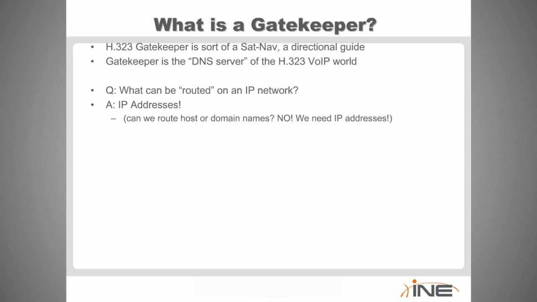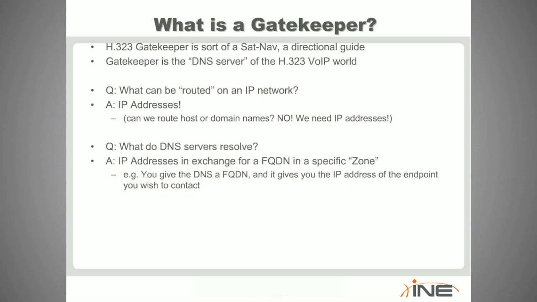We cannot say, hey, give me the IP address for cisco.com, and the DNS server should be dnsroot.dns.org. That doesn't work. We have to have an IP address for the DNS server so that we know who to route to. And DNS servers then have forwarders, and we can have backups. Okay, so what do DNS servers resolve?